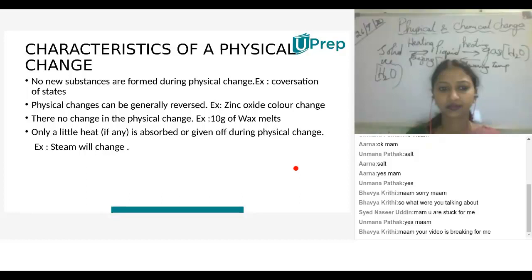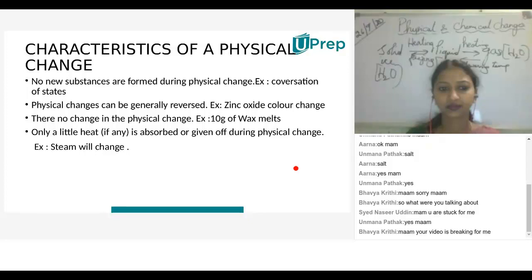So the physical change can be generally reversed. When you stopped providing the heat, the yellow converts back to white. The physical change is a reversible change.